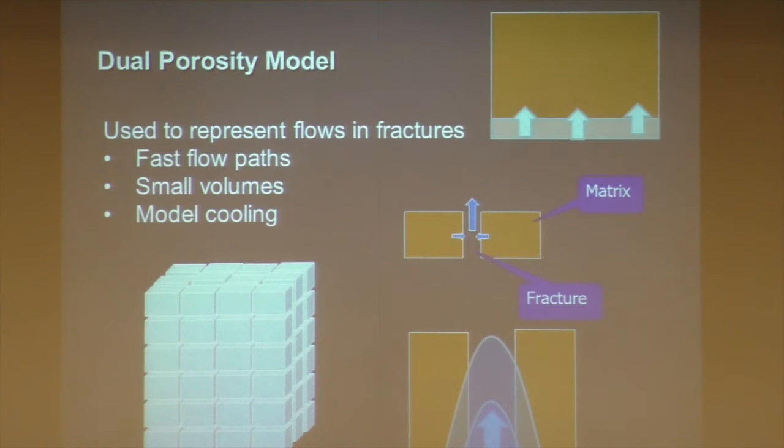This is in comparison to a single porosity model, where you don't consider fracture flows; there, the thermal fronts, your cooling from injection fluid, are much slower moving towards your production wells. So dual porosity models give you a better representation of the cooling effect from injection in the reservoir.